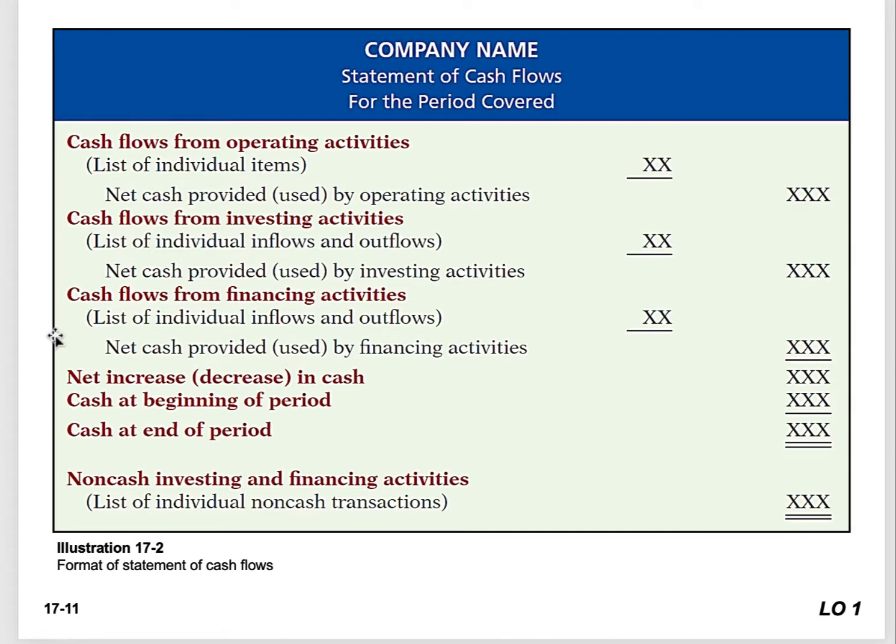Okay. Now, if I were you, this slide is very, very important. I would commit it to memory. Put it on a note card, right? What's the takeaway from this? Well, the takeaway is this is the format of the statement of cash flow. It shows you all the headings. It shows what the cash at the end of the period is, right?